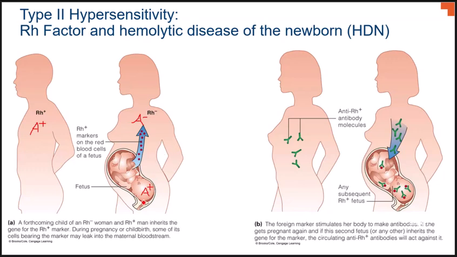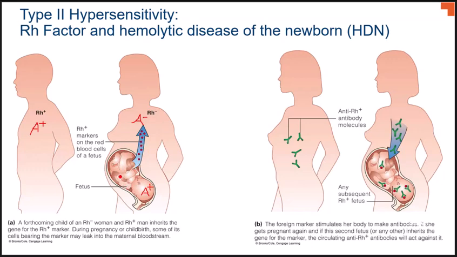As I already mentioned, you're not born with antibodies against positive blood. So if you have negative blood, you don't have antibodies for positive blood that you're born with. When this woman is pregnant, there's going to be the movement of her blood through the placenta, and there'll be a very little bit that goes into the mom from the fetus.